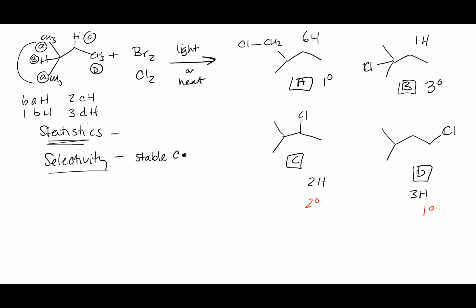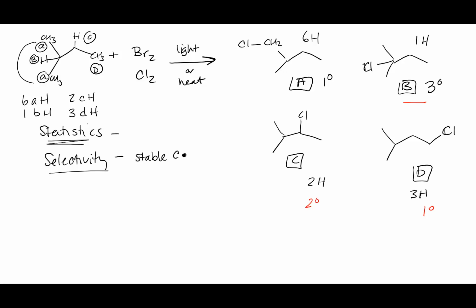The end that gave us the most stable carbocation. When we had the Br dot and added it to the double bond in the free radical anti-Markovnikov addition, where did we add the Br dot? To the end that gave us the most stable radical. So we've done selectivity a lot of times. If selectivity was totally in charge of this reaction, product B would be the major product because it comes from a tertiary radical.